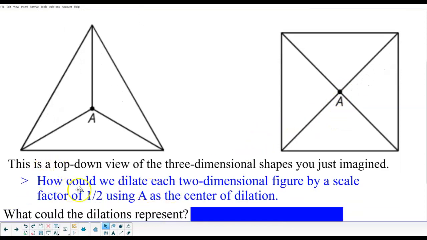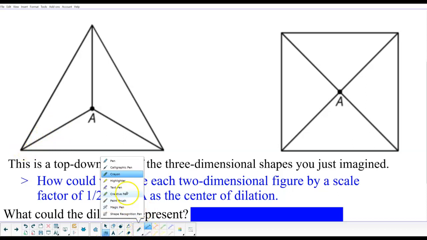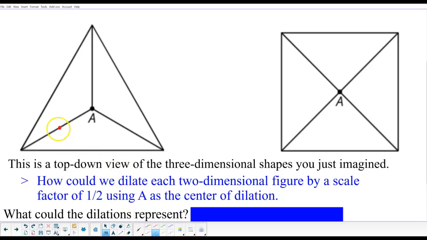So, how could we dilate each of the two-dimensional figures by a scale factor of 1/2 using A as the center of dilation? Well, what you could do is you could actually take the same idea we did here, measure the distance from each vertex, the apex to the vertex, and then take that distance and cut it in half, and you would get a rough estimation here.